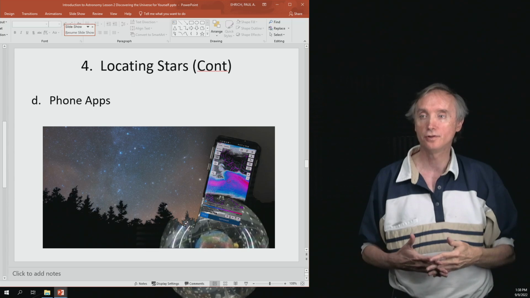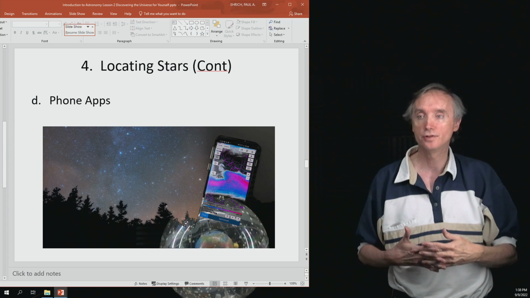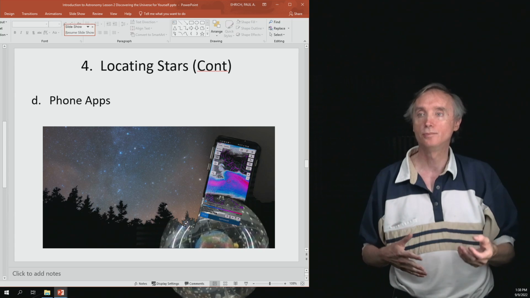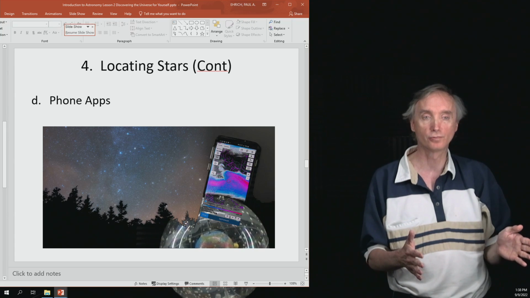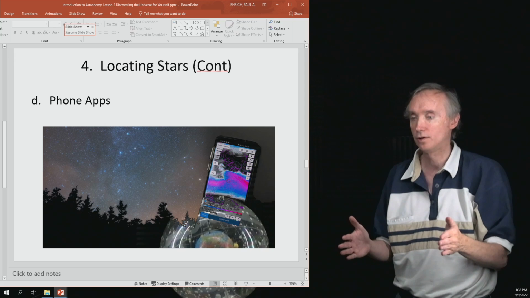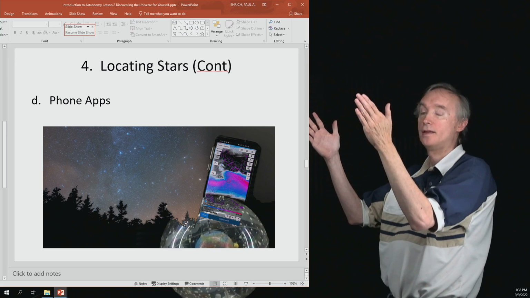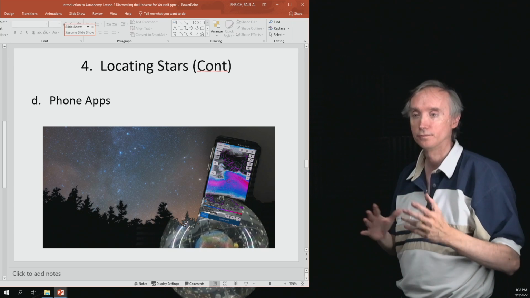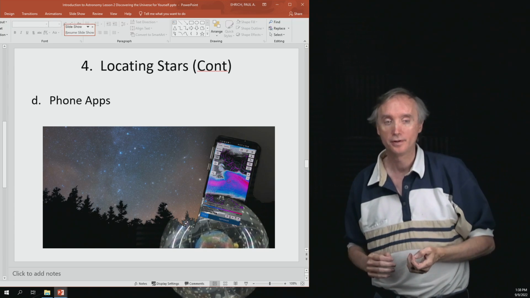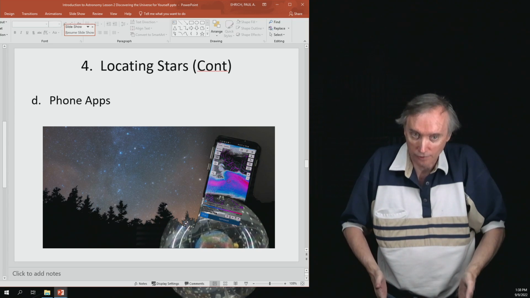It will even tell you what planets are visible. And you could say, tell me where Jupiter is right now, and it will say, rotate your body, keep going, keep going. Okay, now take the phone, raise it, raise it, raise it, and then there is that particular star or that particular planet.